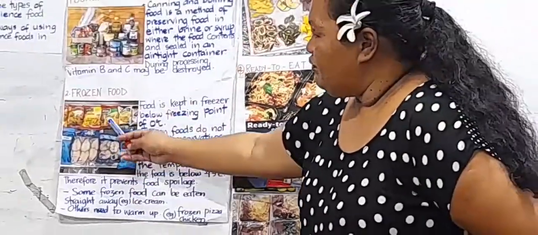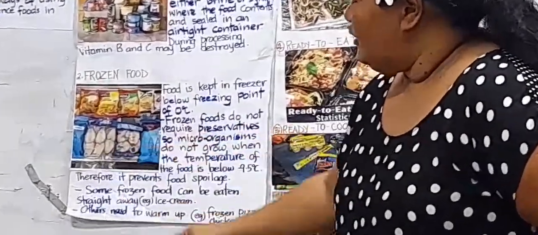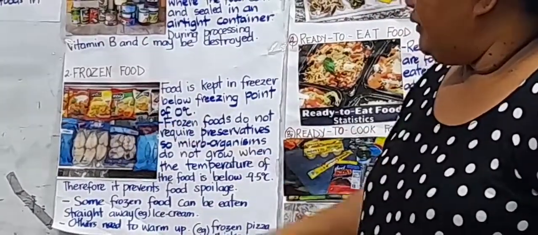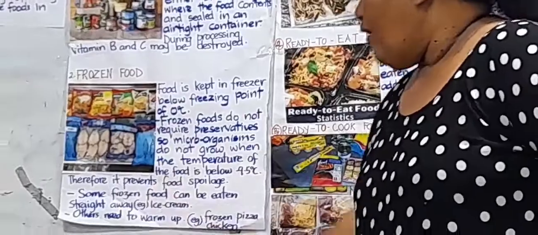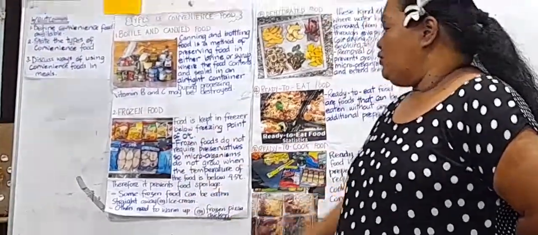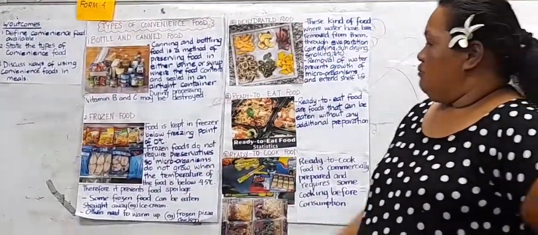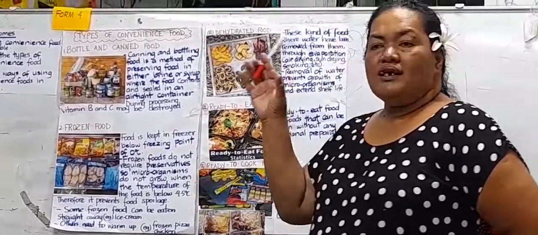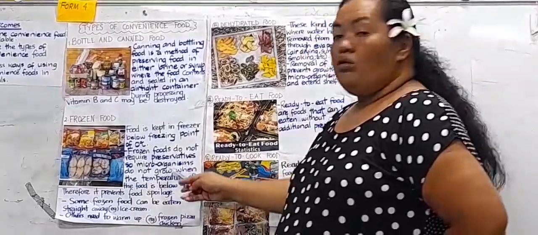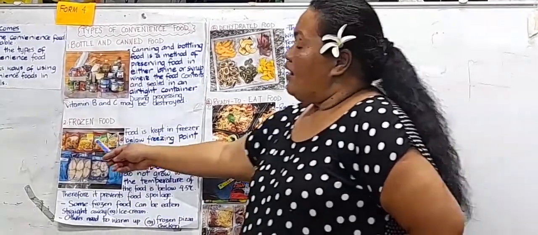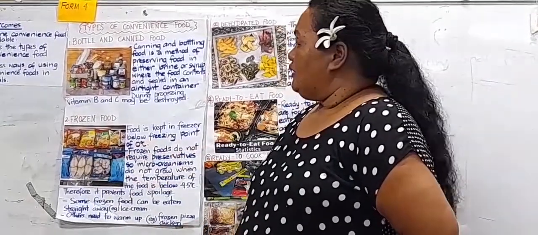This is frozen food, where we can see fish and mixed vegetables, which we call frozen food. Therefore, it prevents food spoilage because the temperature keeps it lasting long, and no microorganism can grow in this food.